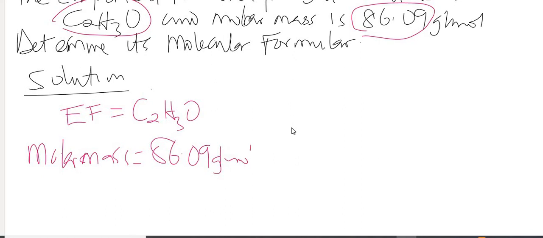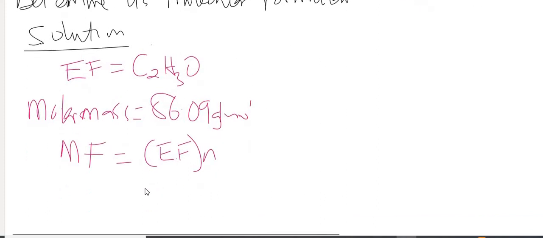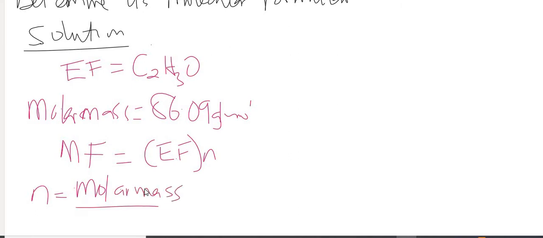So we're going to use our relationship, which is molecular formula equals empirical formula times n. Our n is going to be the molar mass of the compound, which is given, over the empirical formula molar mass.